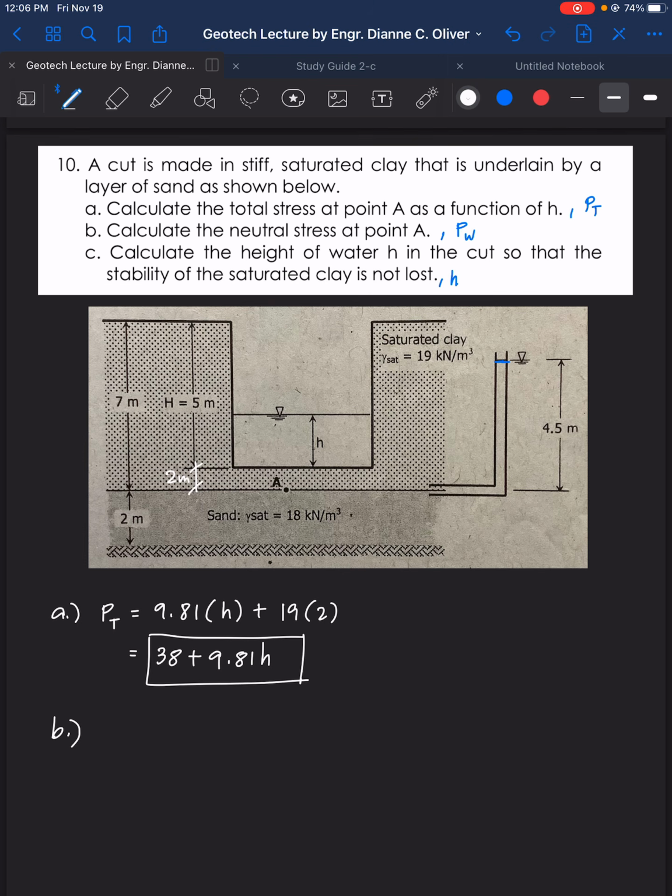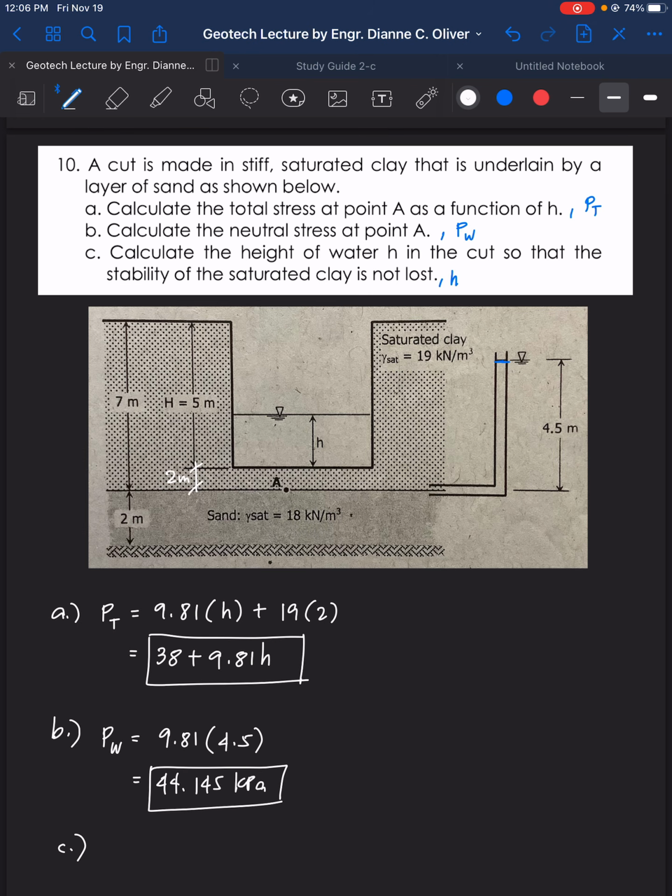Therefore, it is no mystery now as to the pore water pressure, and that is 9.81 times the column of water, 4.5 meters. So that is equal to 44.145 kilopascal.